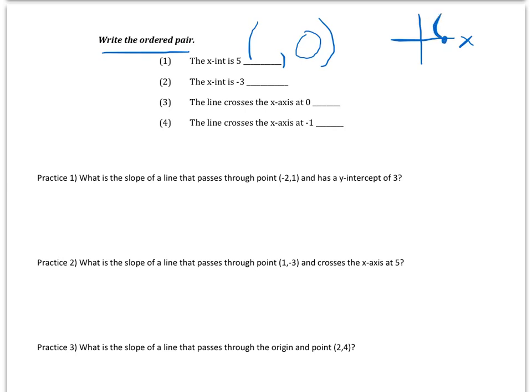What's this ordered pair going to be? Well, I'm going to go right 5, and then I don't go up or down. So again, if you forget, just draw out a coordinate plane really quickly, draw the point, and then think, what's this point? Okay, x-intercept of -3. I know anytime I'm talking the x-intercept, the y value is 0. And then this one would be -3. Okay, hit pause and fill out these next two.